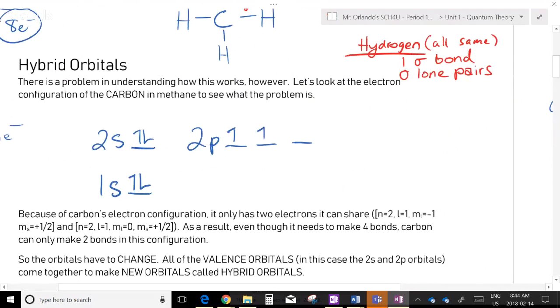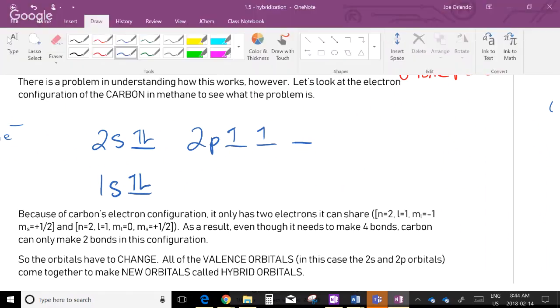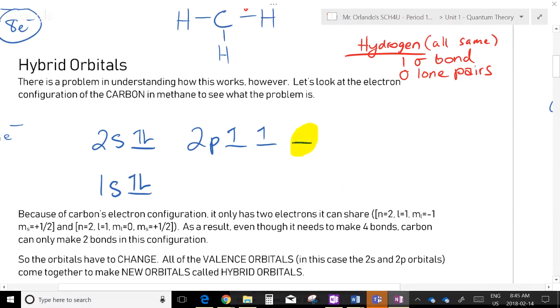Which tells me what? If I look at this arrangement, how many bonds is carbon ready to make? 2, right? Does that make sense? If we just left carbon like this, it could only really make 2 bonds. It can't make a bond with the empty orbital because remember, every bond involves sharing electrons, 1 from each atom.